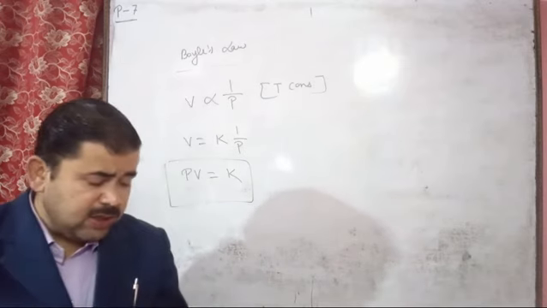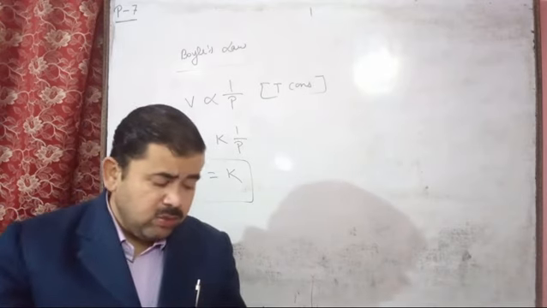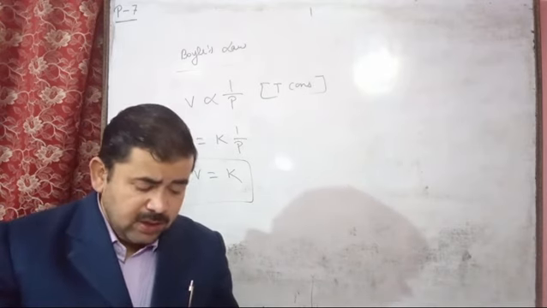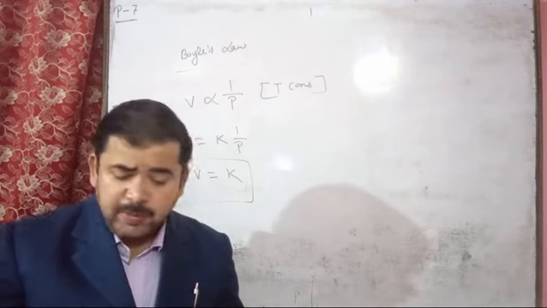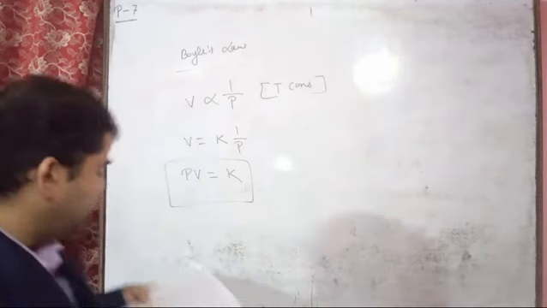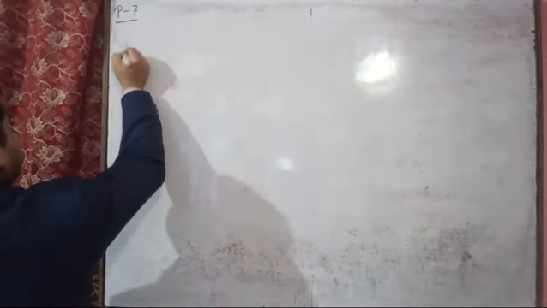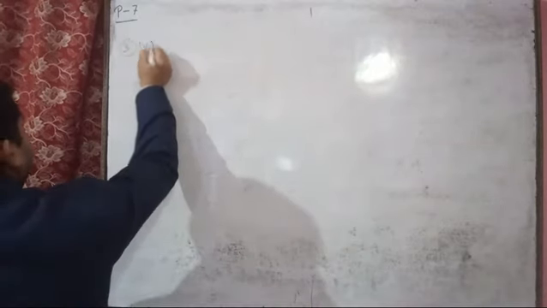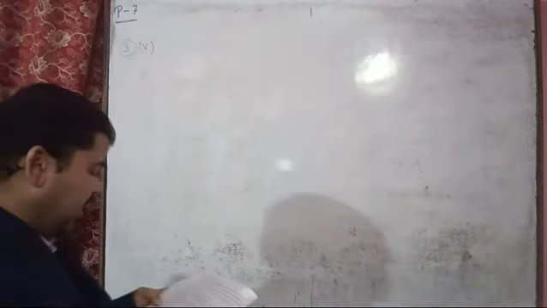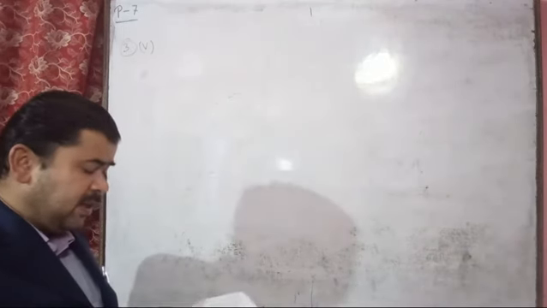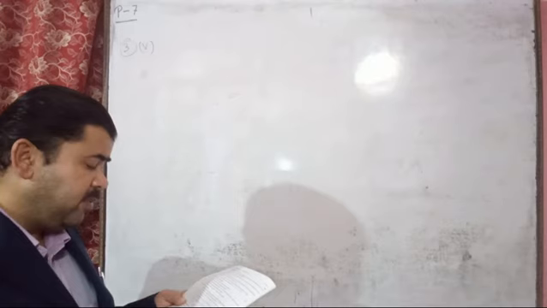After this, question number 3, calculate the following. You have to do these questions. In question number 3, look at the fifth part. A gas X is collected over water at 17 degrees Celsius and 750 mm pressure.